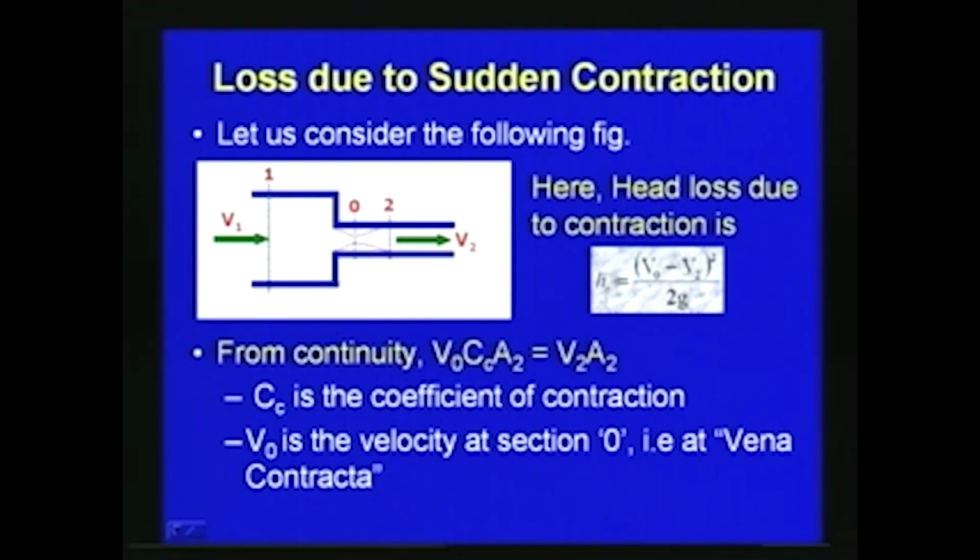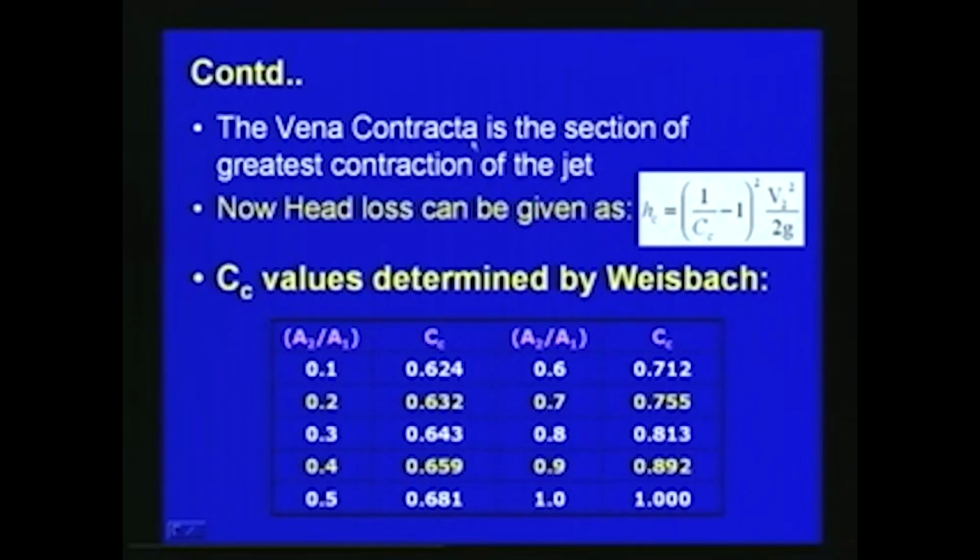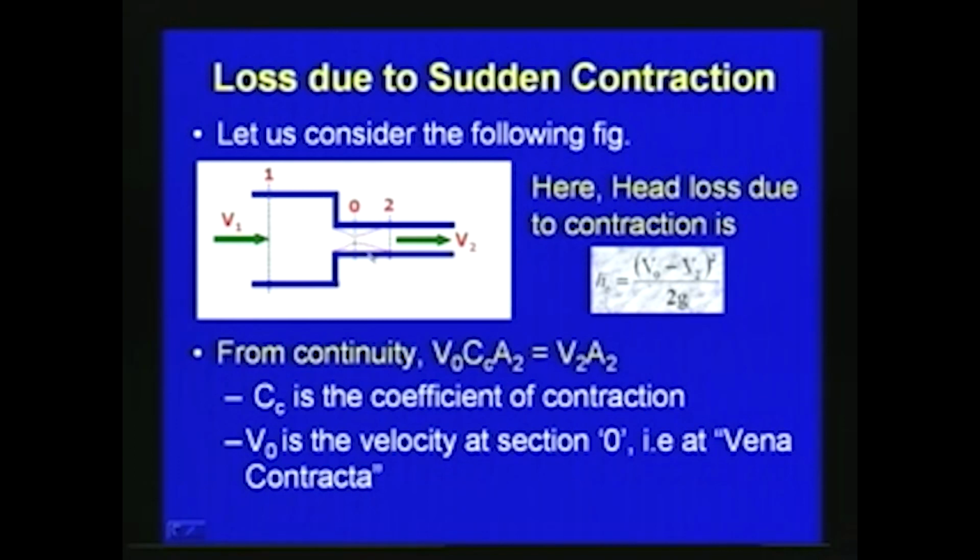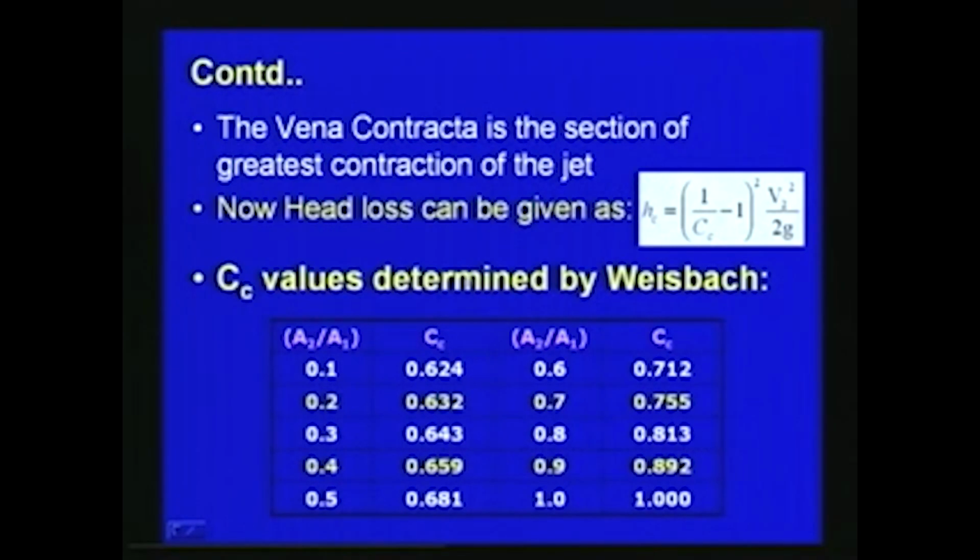The vena contracta is the section of greatest contraction of the jet, and hence the head loss can be written as Hc is equal to (1 by Cc minus 1) all square into V2 square by 2g.